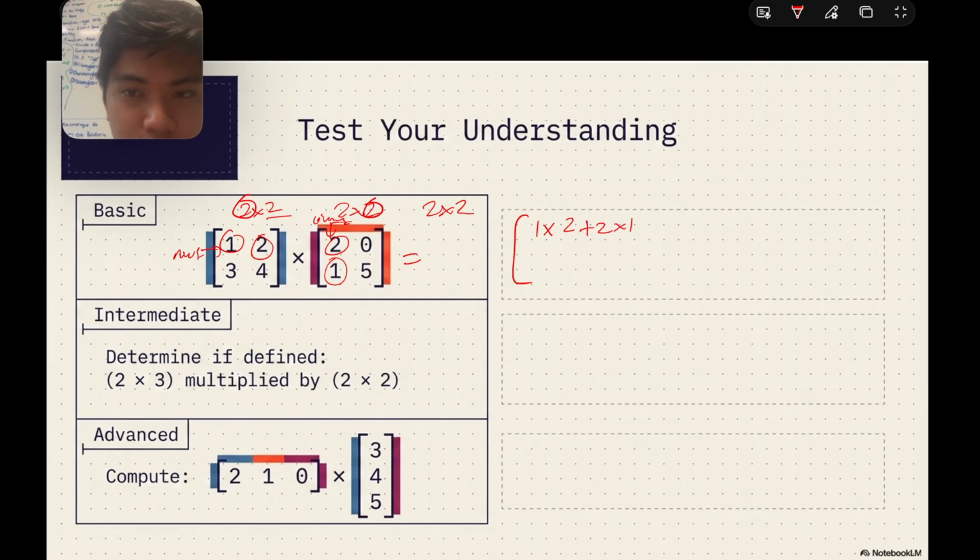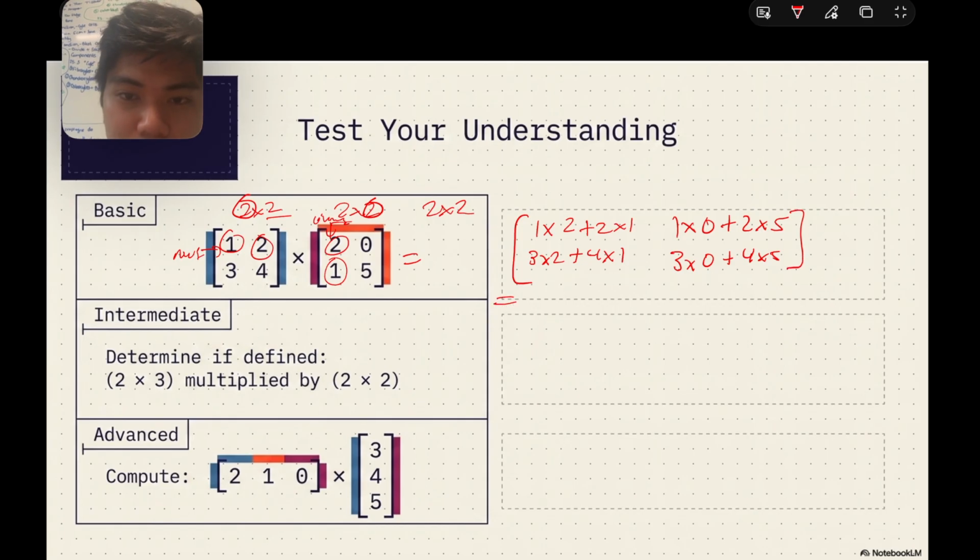And then for my next component of our resultant matrix, I have row 1 and column 2. So 1 times 0 plus 2 times 5. Then row 2 and column 1, so 3 times 2 plus 4 times 1. And our row 2, column 2 is going to be 3 times 0 plus 4 times 5.